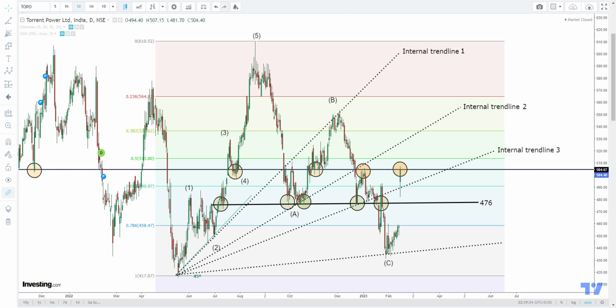In the past it came here, took a support and then moved up, and again with this area it breached the area, then it broke out, and again it had a good breakout. Again the price came here, consolidated, and a sharp pullback.